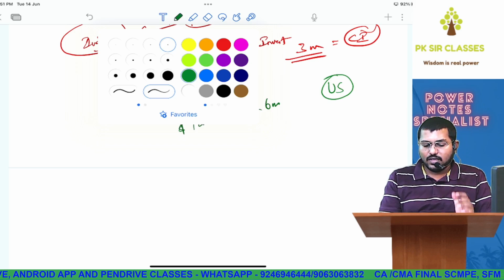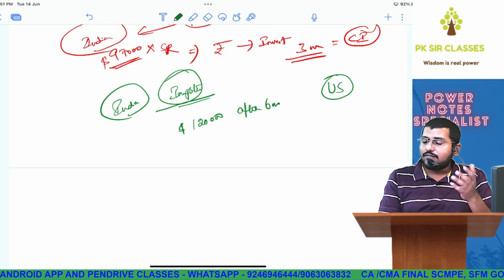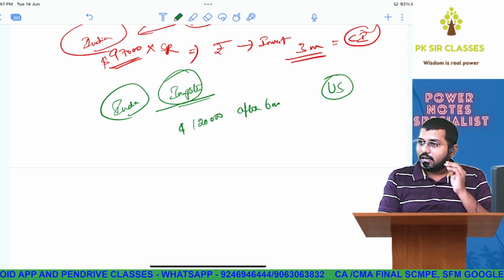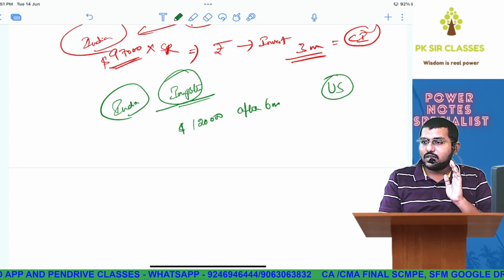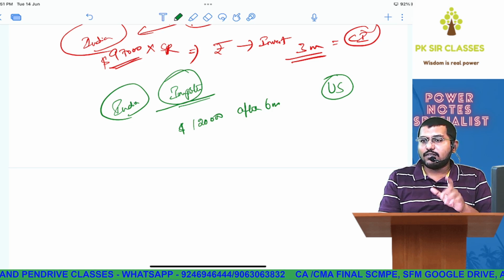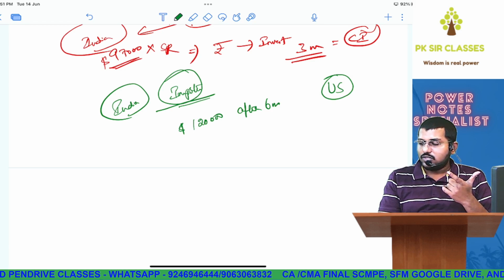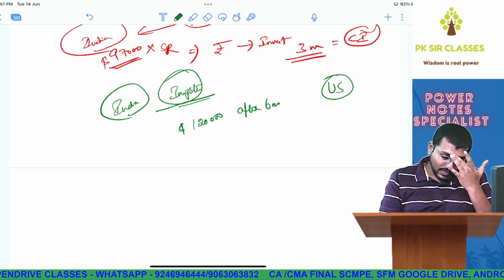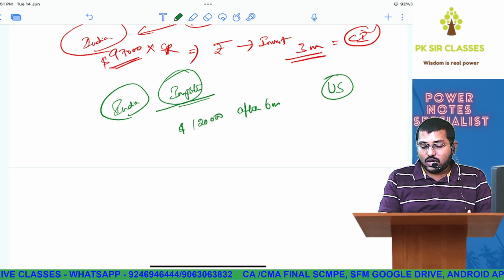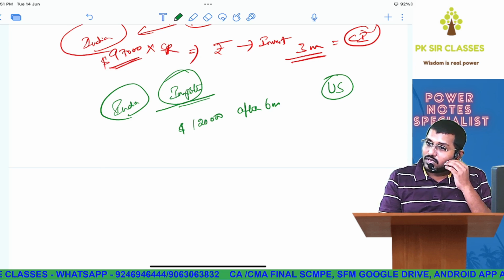See here. If you are an importer and you have to pay $120,000 after 6 months, it means that you have a liability. I told you, when you have a liability, you have to create an asset. So how to create an asset? Very simple. $120,000 I have to pay after 6 months.